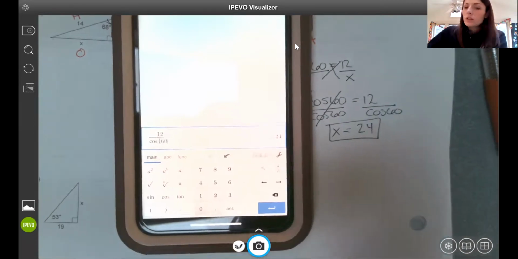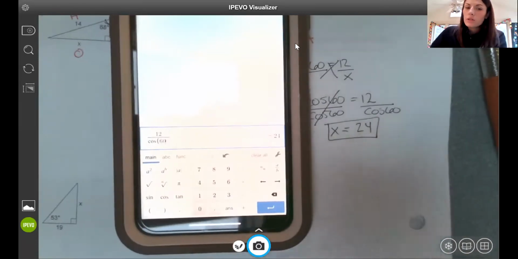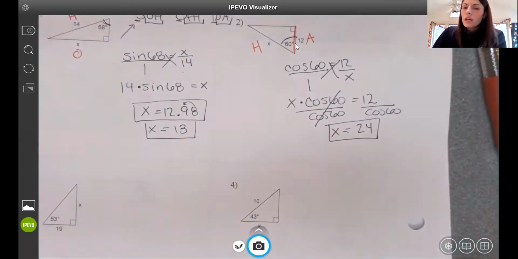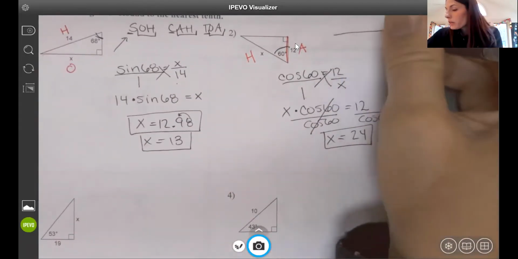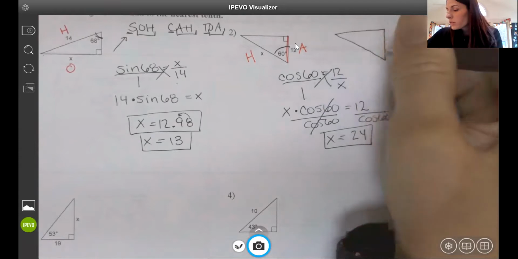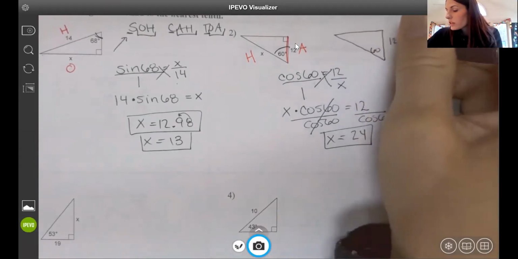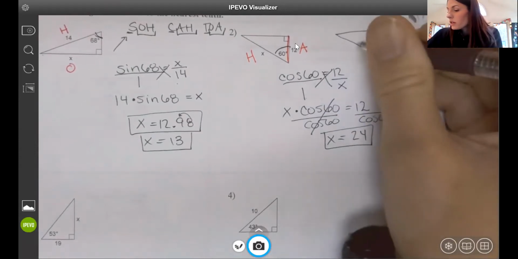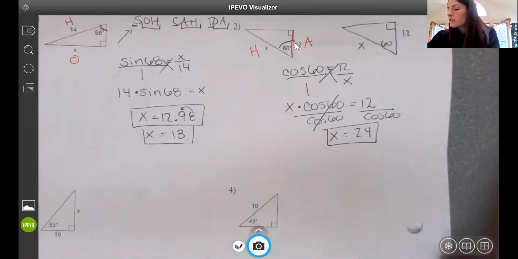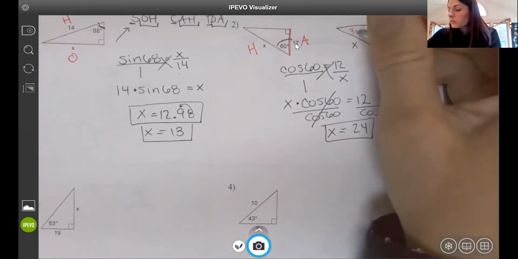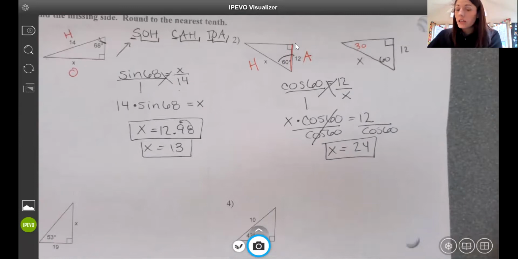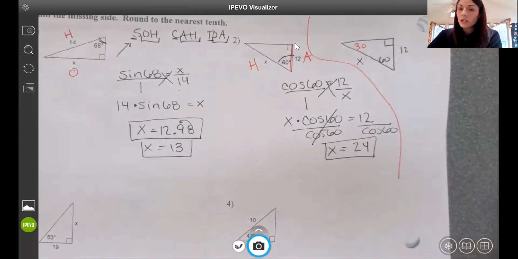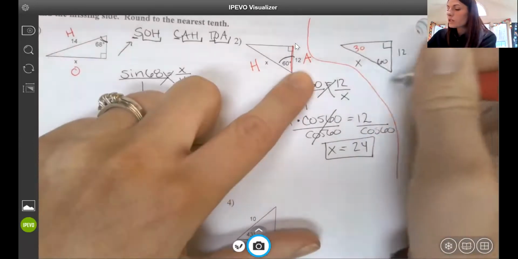Okay, now let's talk about, sorry, I was trying to make that clearer, but it didn't really help much. Let's talk about how I could have done this another way because it was 60. Because it was 60, and here was x, this is a 30, 60, 90. So one thing I could have done is used trig to solve there, or I could have said, well, this is a 30, 60, 90.